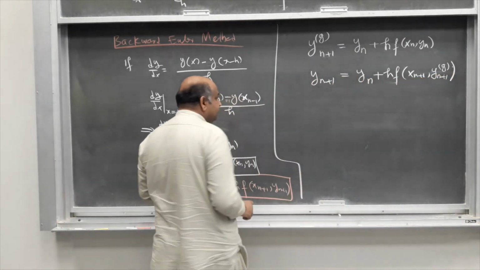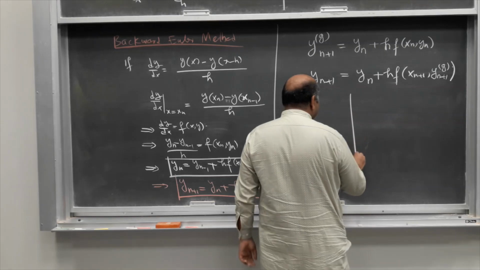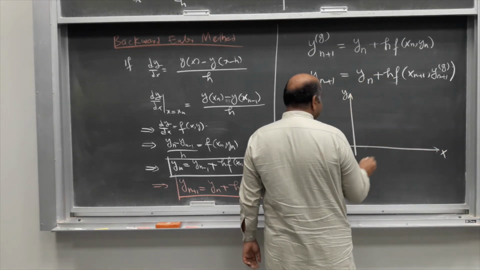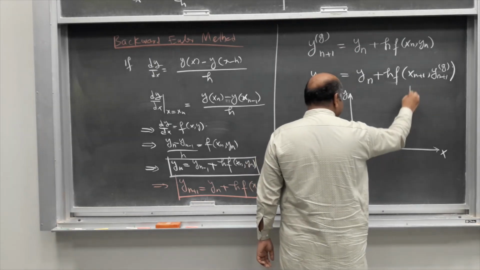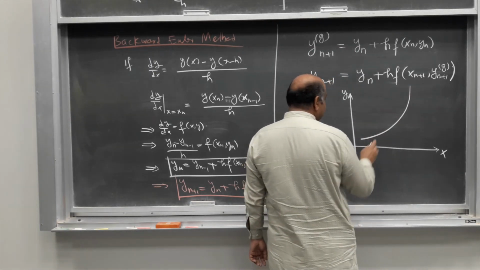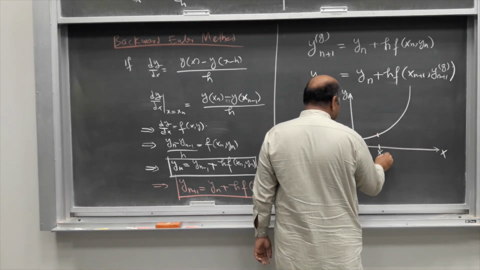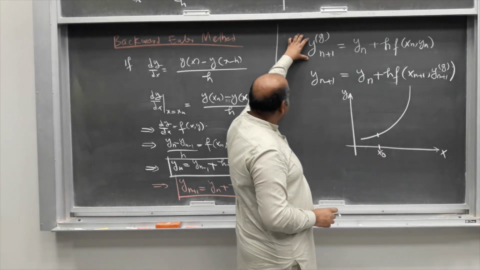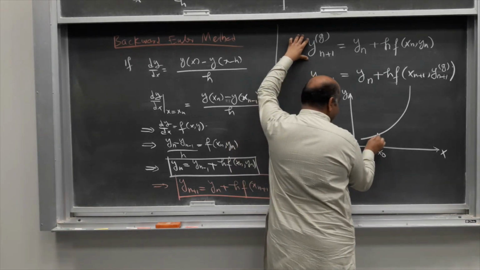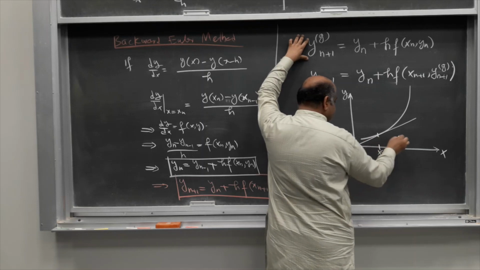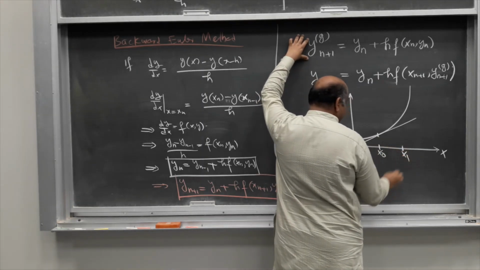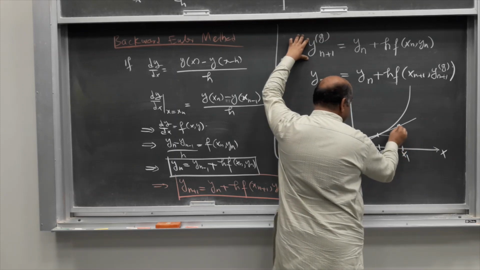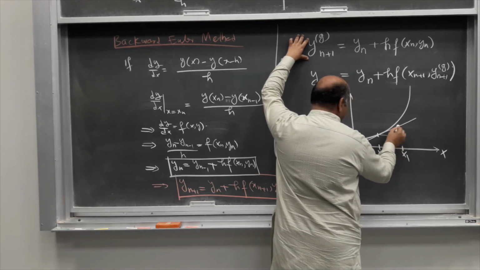We can see it geometrically working out like this. Suppose this is our actual solution. So we start from here, x naught. We first use this forward Euler method, that we draw a straight line here, and then let's say this is our x1, and the simple Euler method gives us this value of y.